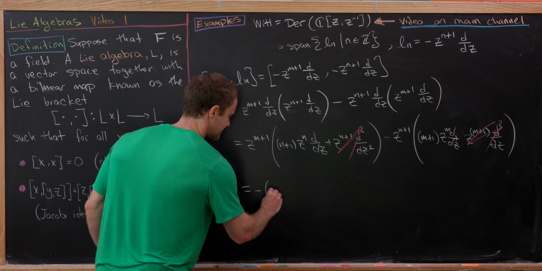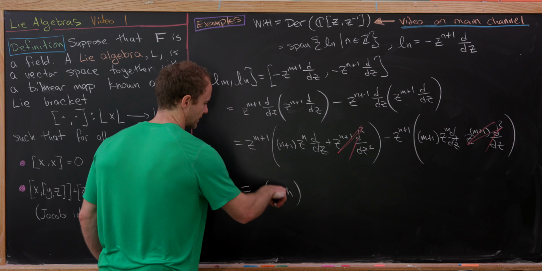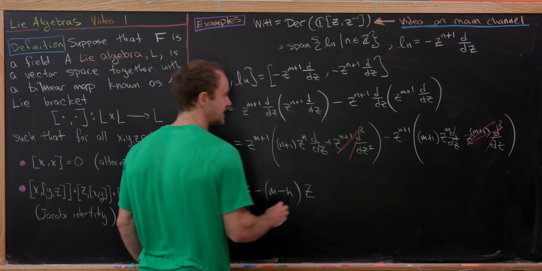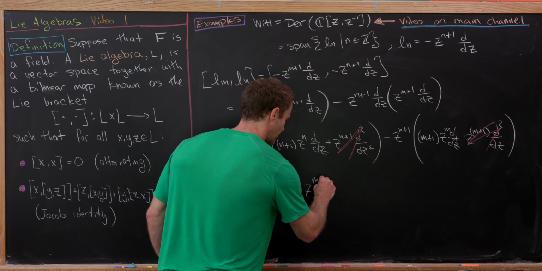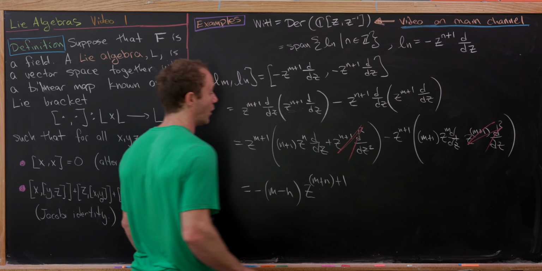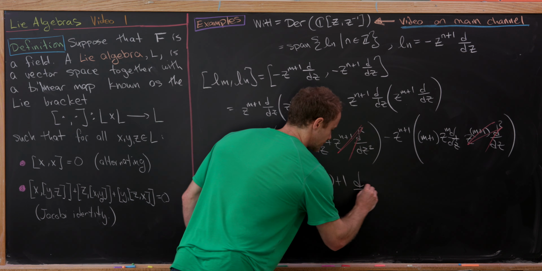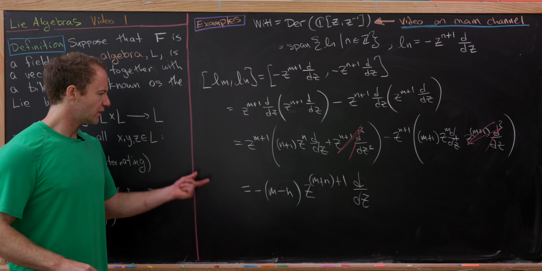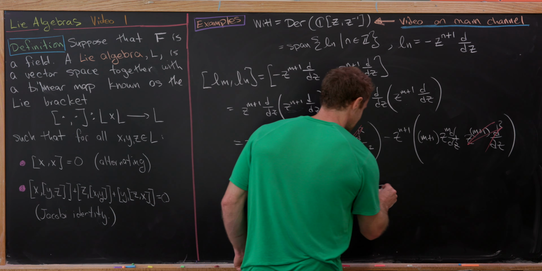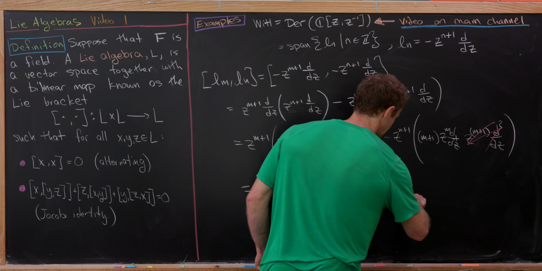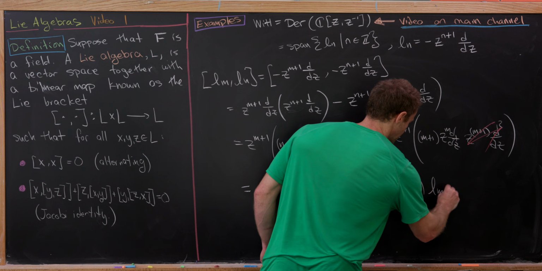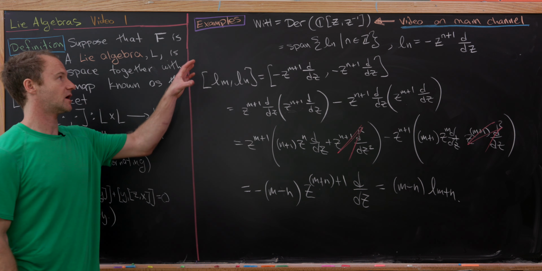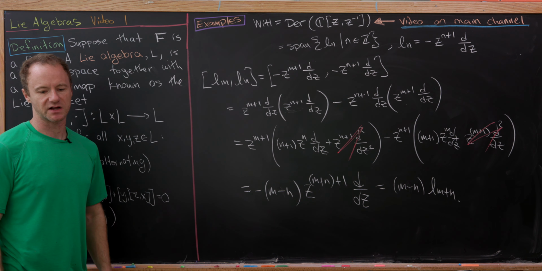We have minus, sorry, that should be m minus n, times z to the m plus n plus 1 times this derivative operator. So that's just from all this simplification. But what is that? That's exactly m minus n times L_{m+n}. So there's our rule. There is our bracket relation on the basis elements for this Witt algebra.